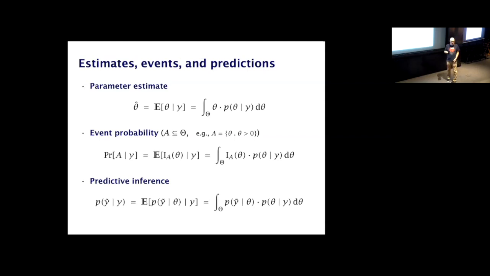What's an expectation? It's just an average, right? But they all take a particular form that's indicative of how Bayesian inference works. So if I look up here, let's say I want to estimate a parameter. I want to observe some data, and I want to say, what's my best guess of what the parameter theta should be?